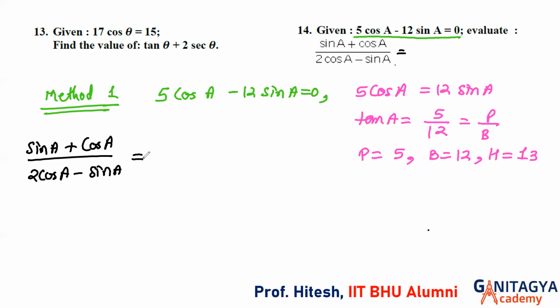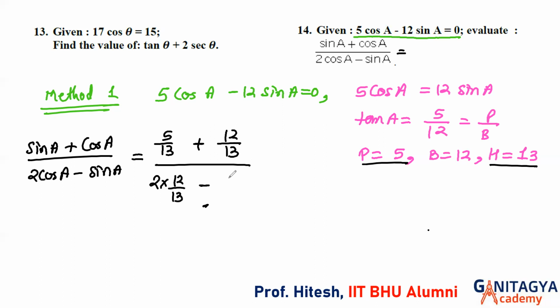The second method will be easier. So how much is sin a? Perpendicular upon hypotenuse, 5 by 13, plus cos a is 12 upon 13, divided by 2 into 12 upon 13 minus sin a 5 by 13, isn't it? Yes. So this is one method.